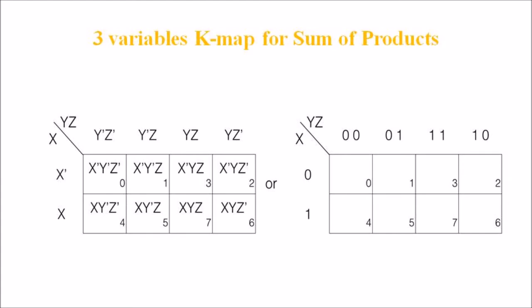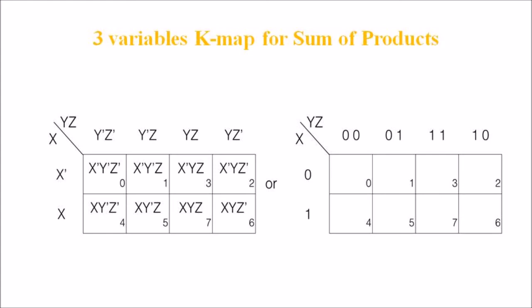Here, z dash is changed to z. Then x dash y dash z changes to x dash y z in the third column, that is y dash is changed to y. And in the last position, x dash y z is changed to x dash y z dash. Here z changed to z dash. So that is why the numbering scheme in the row differs in one place when moving from left to right.